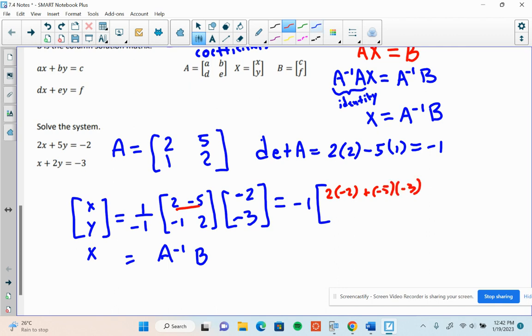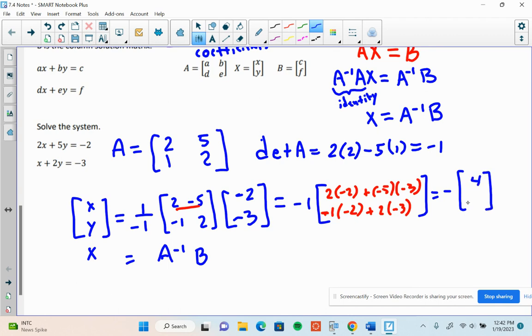All right. And then we're going to do the bottom row. So negative 1 times negative 2 plus 2 times negative 3. And we're going to simplify that. Remember, we have to distribute a negative when we get finished.